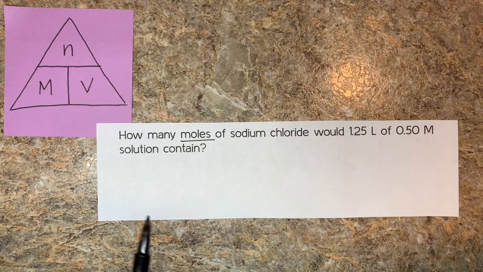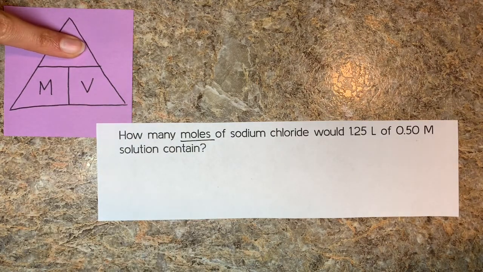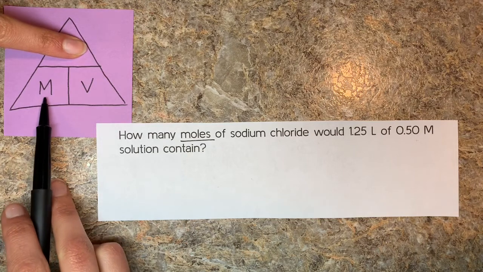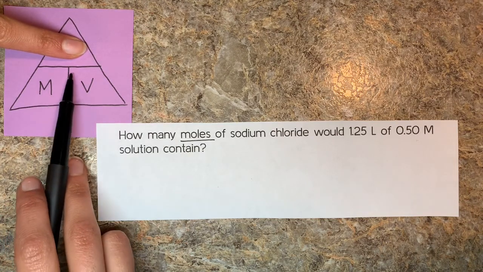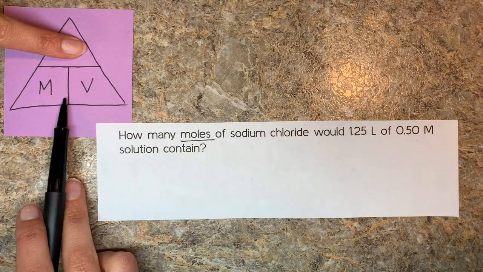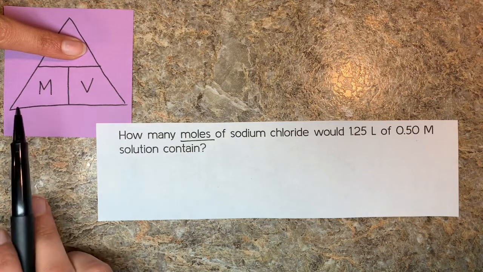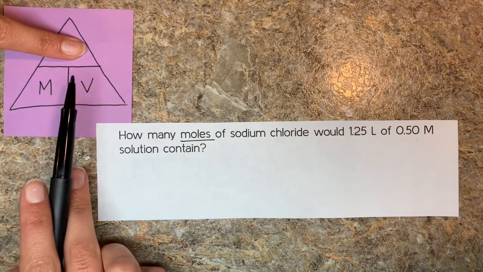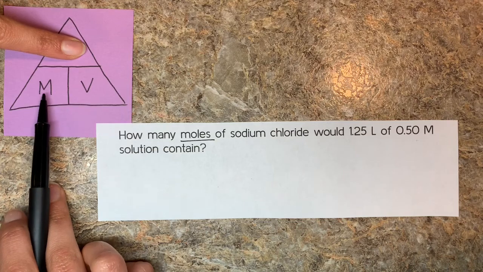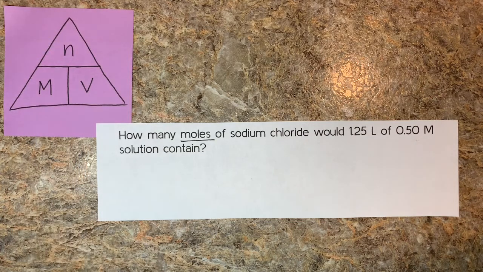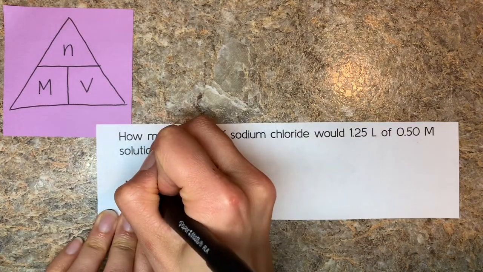That is equal to N. So I'm going to cover up the N with my hand. I'm left with M and V. This vertical line here means multiply. So my equation is going to be N equals M times V. I'm going to write that out first.